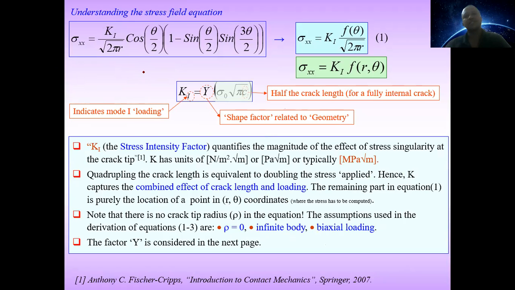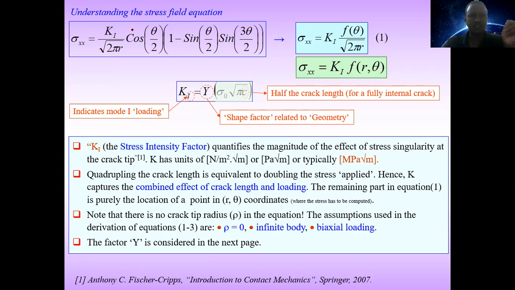So understand the stress field equation. Sigma xx is Ki over 2 pi r, cos theta over 2, 1 minus sine theta over 2, sine 3 theta over 2, which implies sigma xx is equal to K1, taking this as a function of theta.